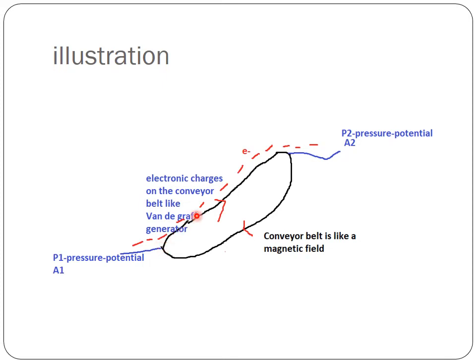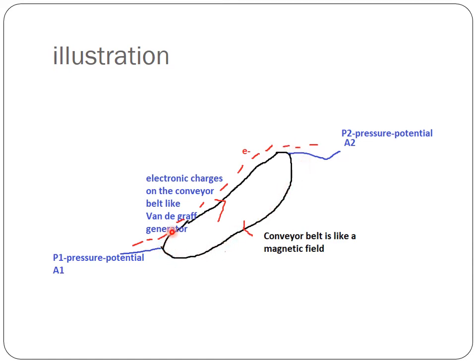So the flux lines will be like a conveyor belt, and pressure at A1 is low and pressure at A2 is high. And I am injecting electrons. So the electrons will be transported from low potential to high potential with the help of the magnetic field here.